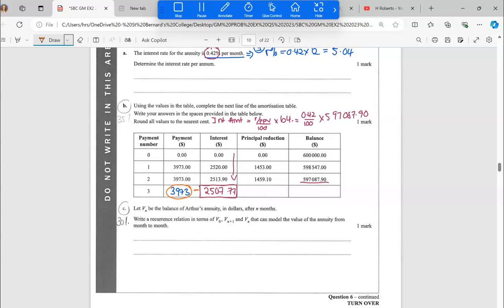So if you do 3973, you minus the interest that the account earned for them. So really, it's only actually going to go down by that difference, which ends up being 1465.23. And once again, you can see that looks good. It looks like it's following the pattern of the principal reductions getting a little bit more.